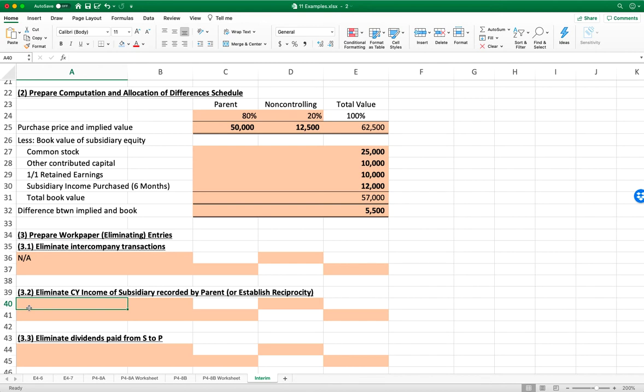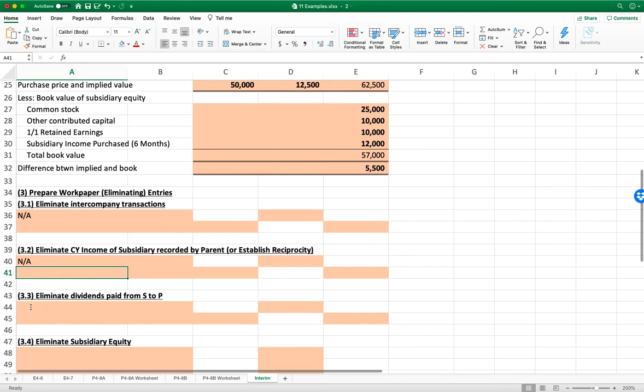However, we do now know that under the cost method, sometimes we have to establish reciprocity instead. But since this is the first year, we don't have to do that. Now, if you tried to do it, you just kind of got confused and you're like, okay, I know it's the cost method, I have to do reciprocity, you could do it, but your entry would end up having a value of 0. So that's how you would know that you didn't need to do it right now. So this is NA.